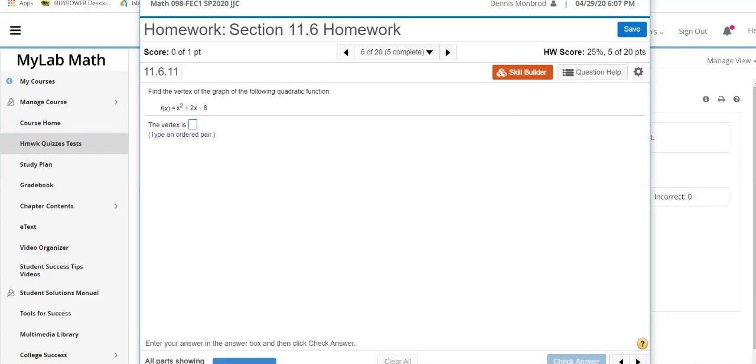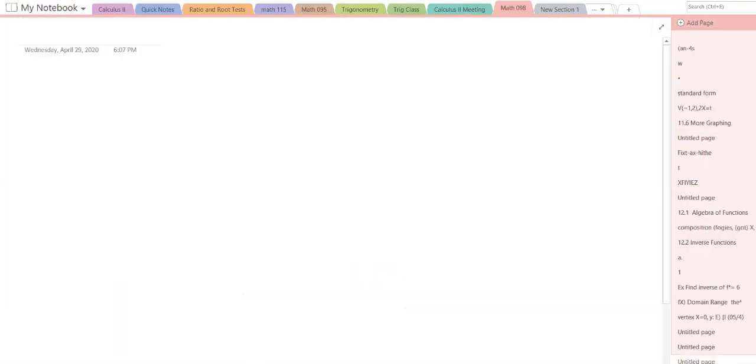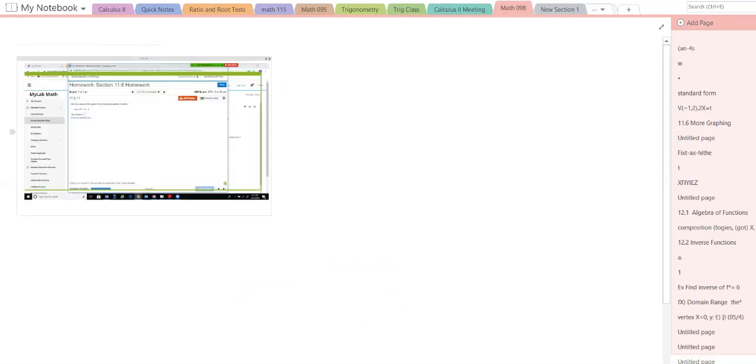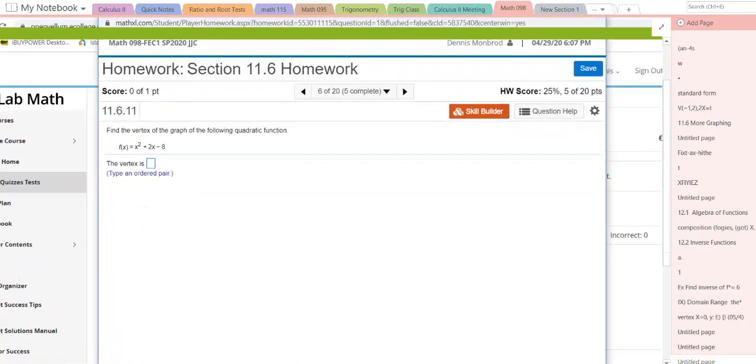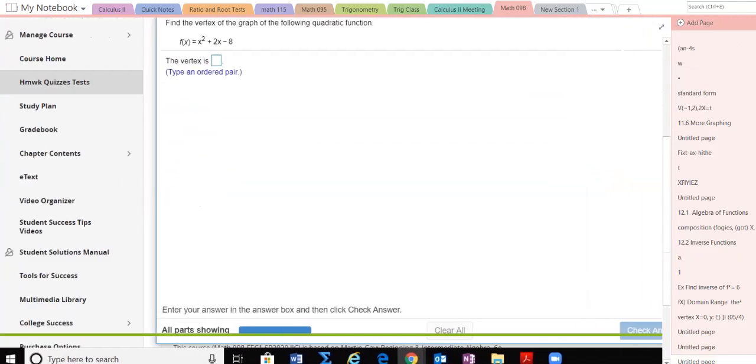Okay, find the vertex and graph it. Okay, well, let's take a shot of this, bring it back over here and look. Let's see, pull that up. Okay.